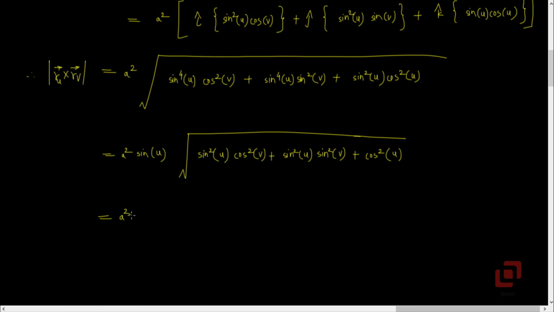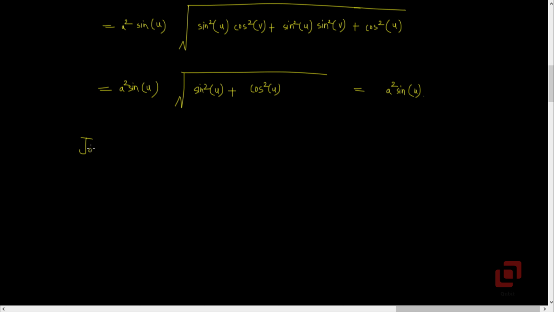Equal to a squared sin u into root of. Now from the first two terms, if we take sin squared u common, then we will get cos squared v plus sin squared v, which is 1. So we will have sin squared u plus the last term cos squared u, but again this is 1. So the cross product will be equal to a squared sin u.